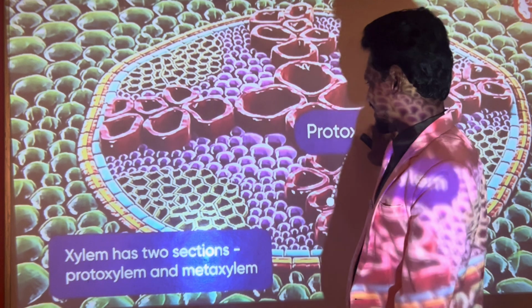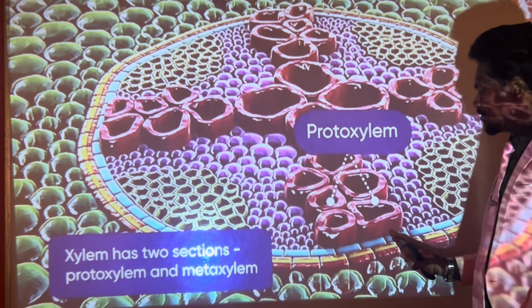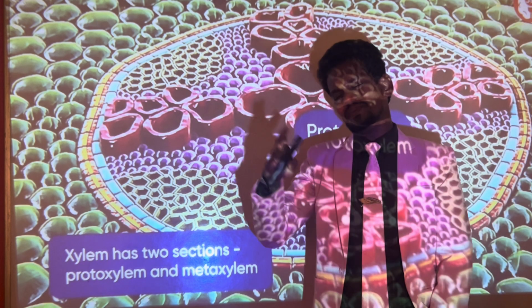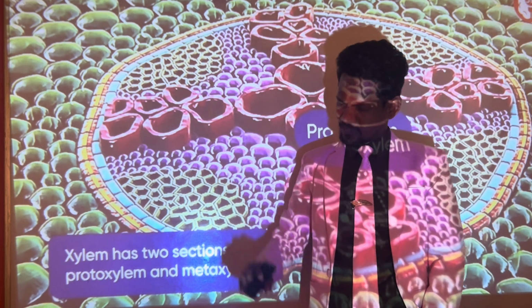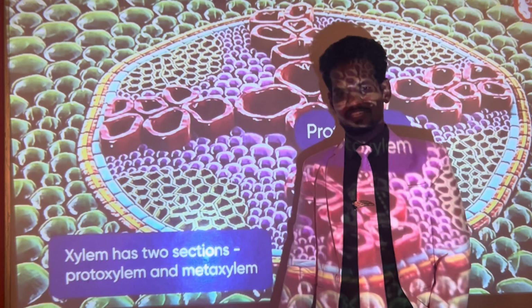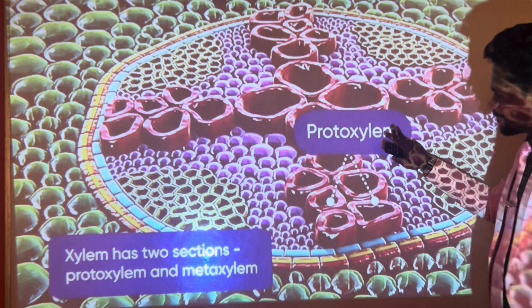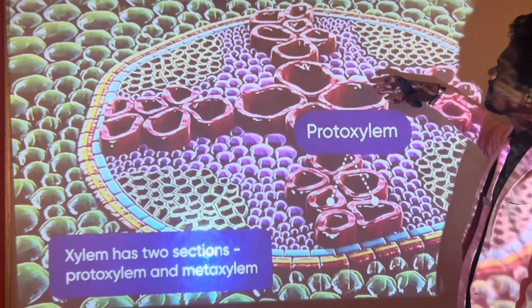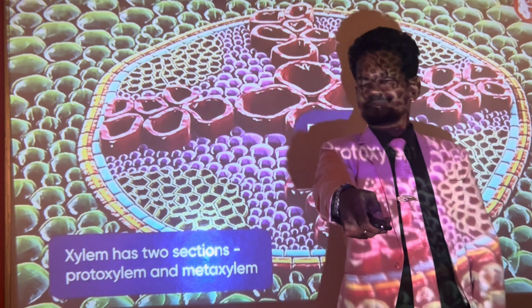Xylem and phloem are arranged alternately on different radii. Here we can observe protoxylem. In xylem there are two types, metaxylem and protoxylem. In upcoming topics we shall learn in depth. Protoxylem is towards the periphery, metaxylem towards the pith.